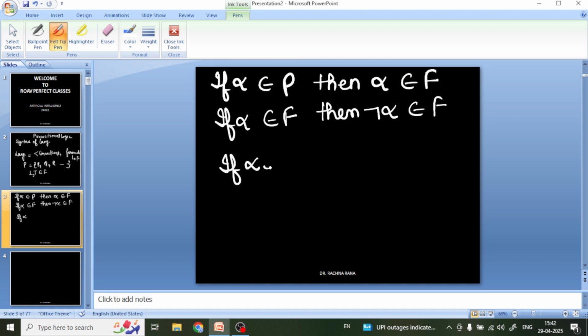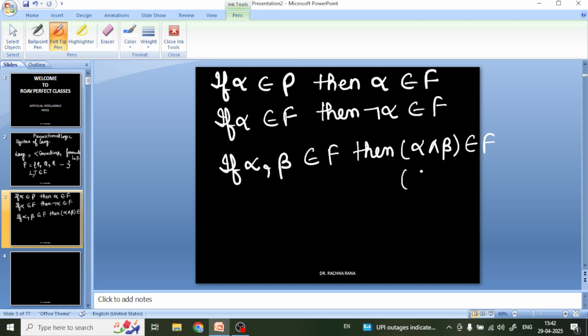If alpha and beta belong to the set of formulas, then you can say alpha and beta belongs to formulas, alpha or beta belongs to formulas, alpha implies beta also belongs to formulas.